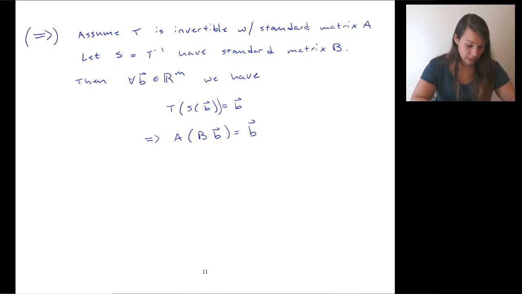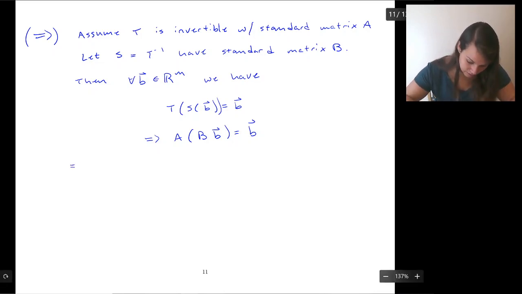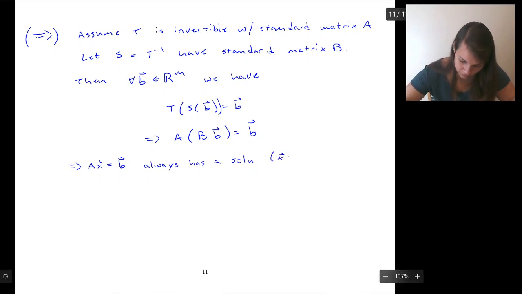So what we know from here is then Ax equals b always has a solution. Specifically, that solution is B times b.